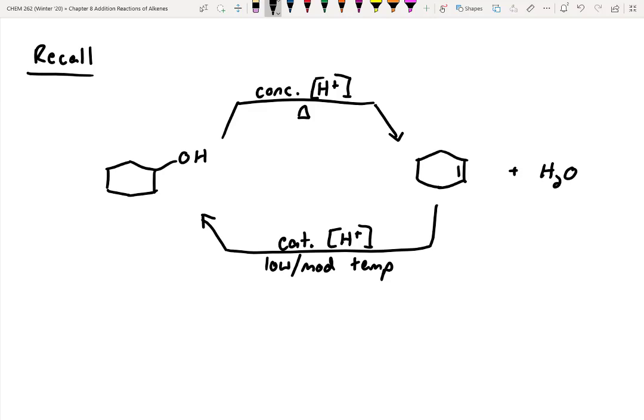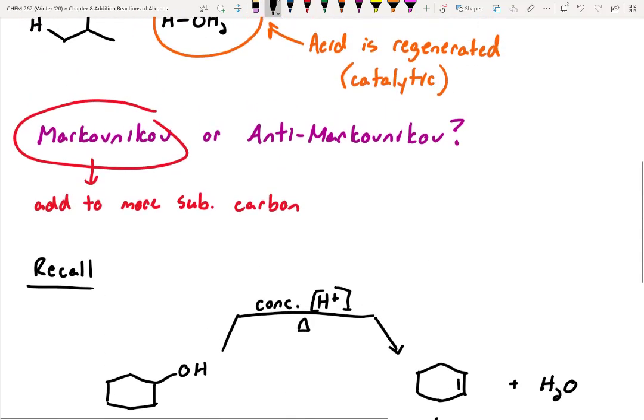And this confuses students where they say, well, why is acid favoring one direction one way, but then acid is favoring the other direction the other way? Does anybody have an idea about the difference between these two pathways? Let's go back up and look in our mechanism.